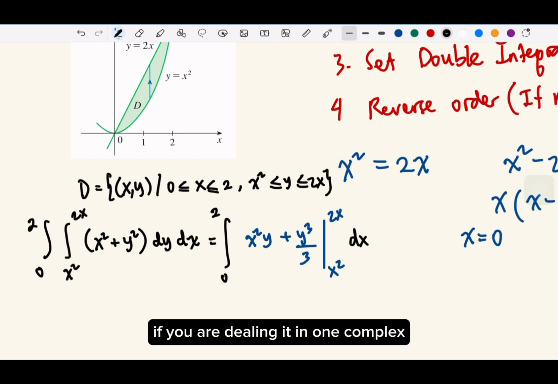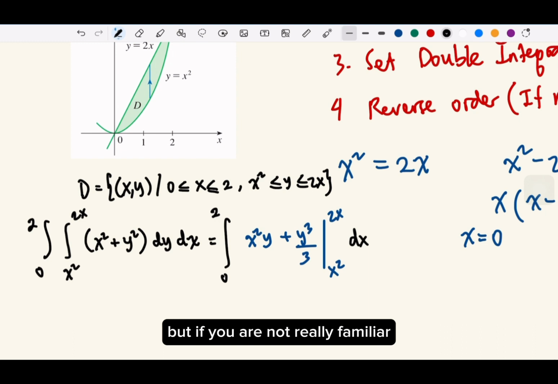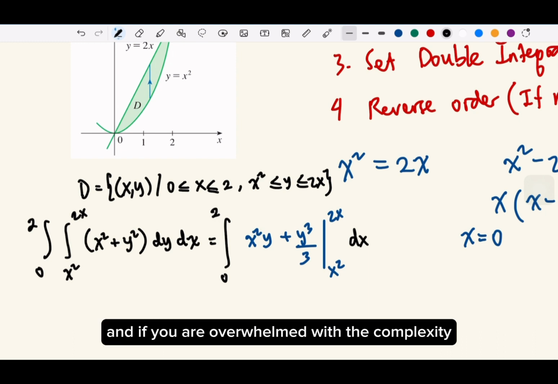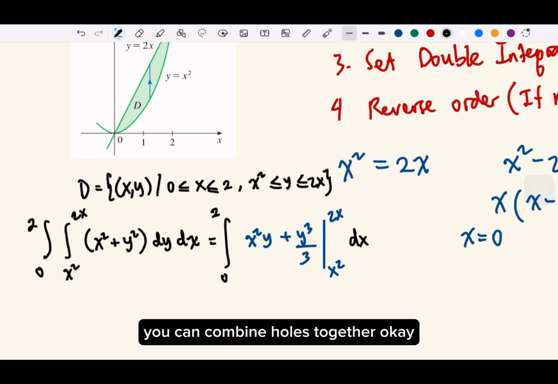If you are dealing with one complex integration, you can do that. But if you are not really familiar and are overwhelmed with the complexity, maybe you can separate first and then later combine all together.